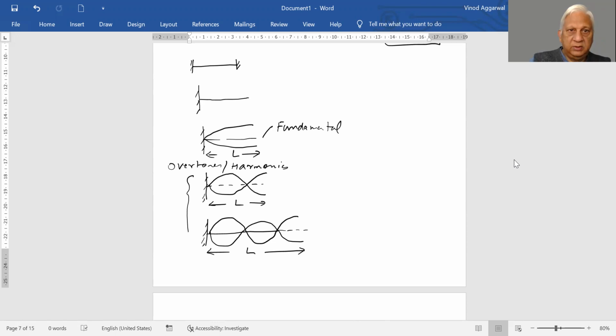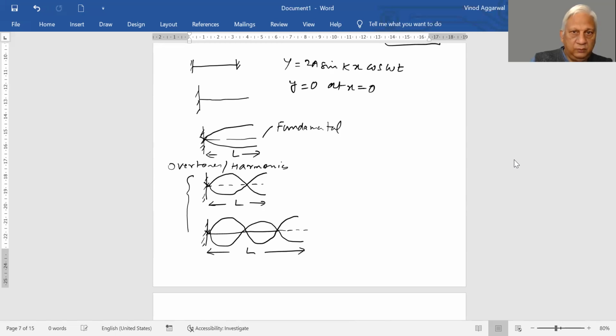Now, if we take our equation once again, y is equal to... Now, what is the boundary condition for waves which are clamped only at one end? That y is equal to 0 at x is equal to 0.